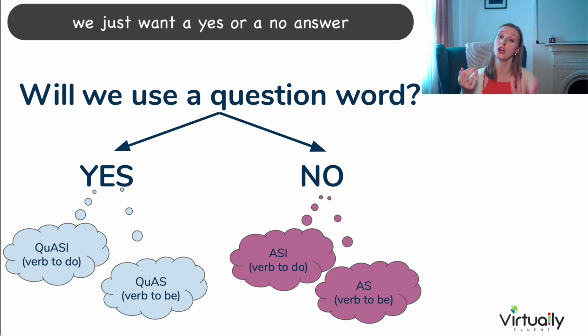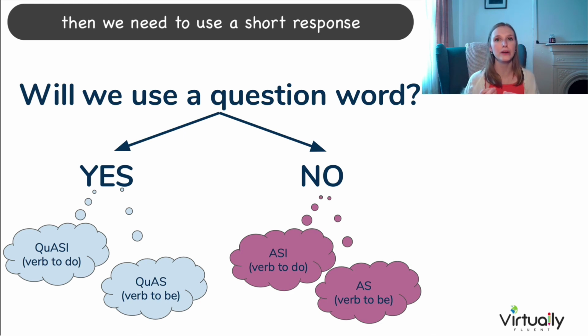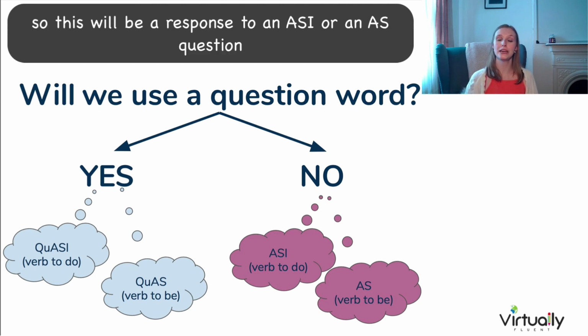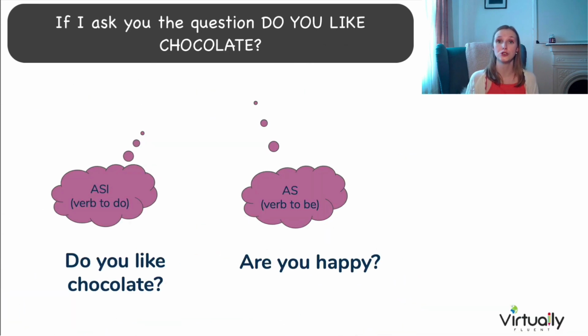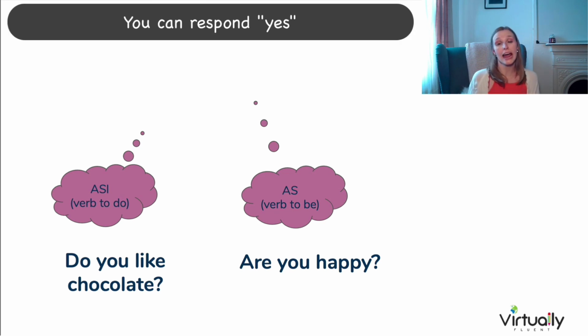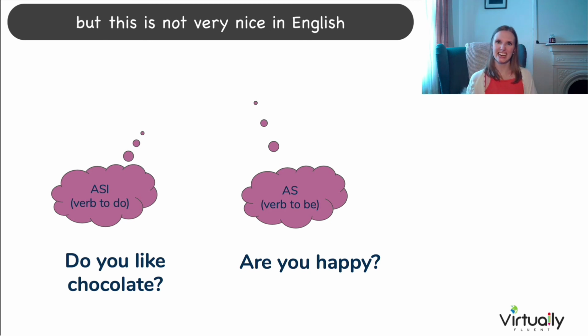If we do not ask for specific information in English, so no question word, we just want a yes or a no answer, then we need to use a short response. So this will be a response to an ASSI or an AS question. If I ask you the question, do you like chocolate? You can respond yes. But this is not very nice in English.